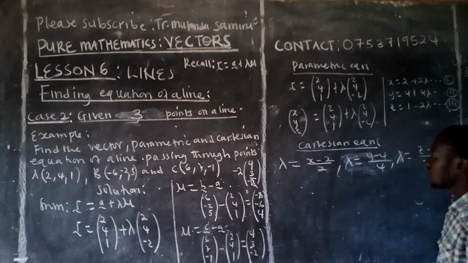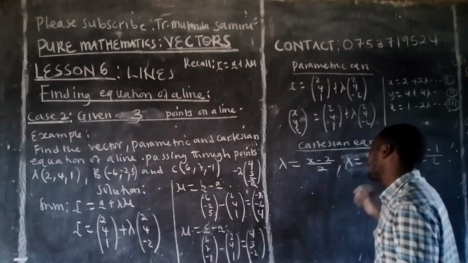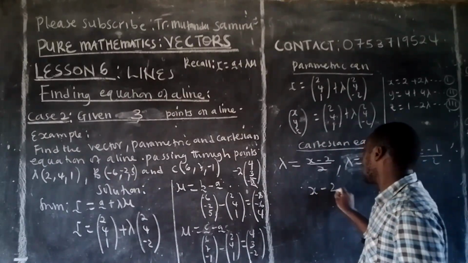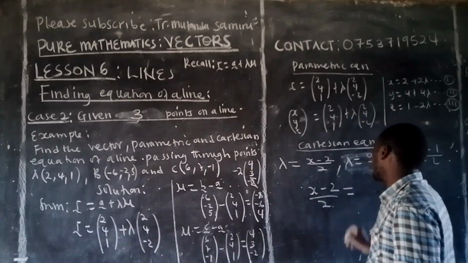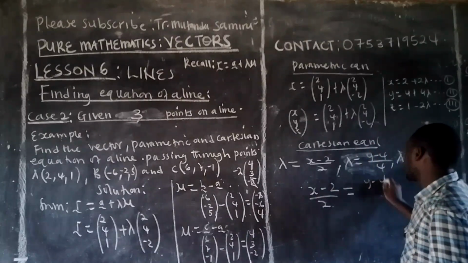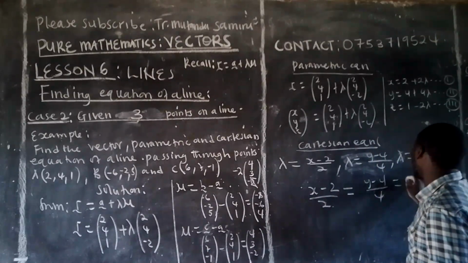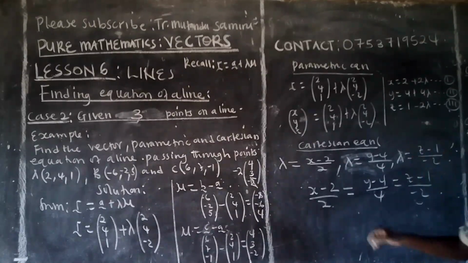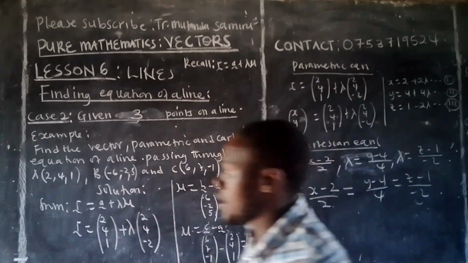Since lambda is equal to lambda and is equal to lambda, you equate them. So you have x minus 2 over 2 is equal to y minus 4 over 4 and is equal to z minus 1 over negative 2. And that is what they wanted.